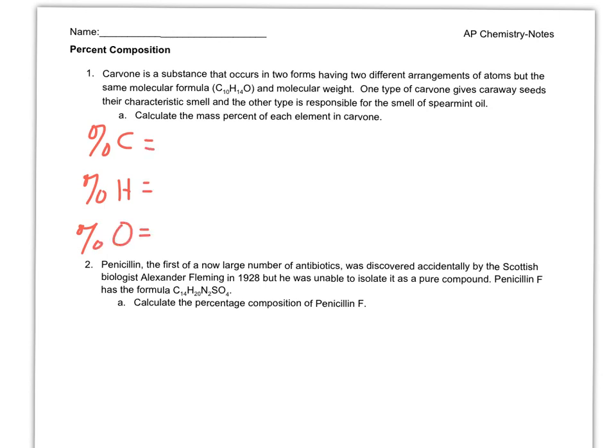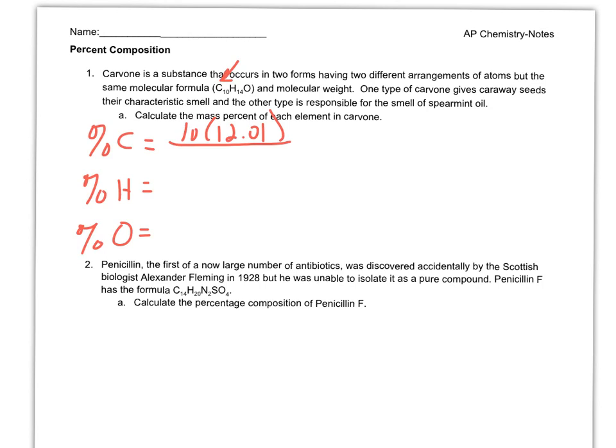Well, I got to figure out what are my parts. If I look inside the compound, I have 10 carbons, and each carbon mass is 12.01. So what is my whole? My whole is the molar mass. So I need to figure out the molar mass of this compound. That's simple enough, all I've got to do is add it up.